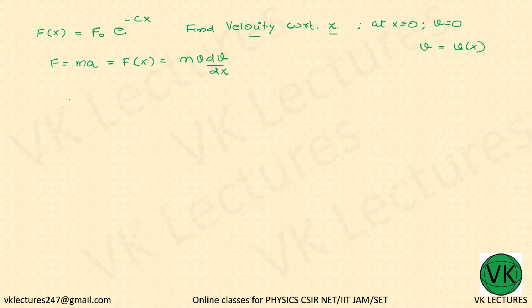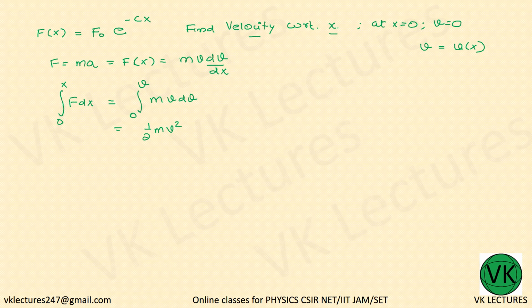So F dx, or integral F dx, is equal to integral m v dv. Here we have half m v square, and since the initial condition at x equal to 0 is v equal to 0, we need not put the initial condition, so this is 0 to v, and the position is from 0 to x.